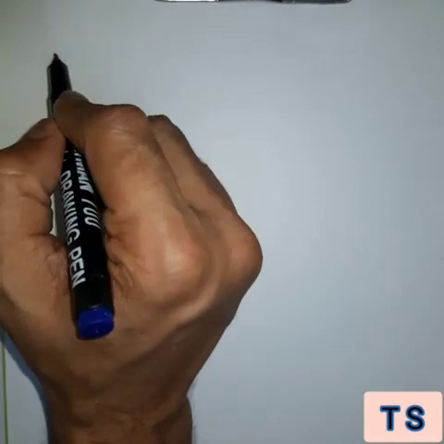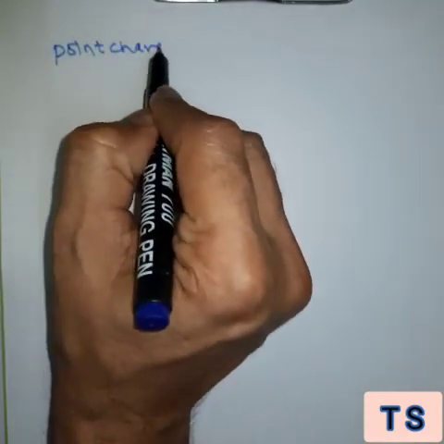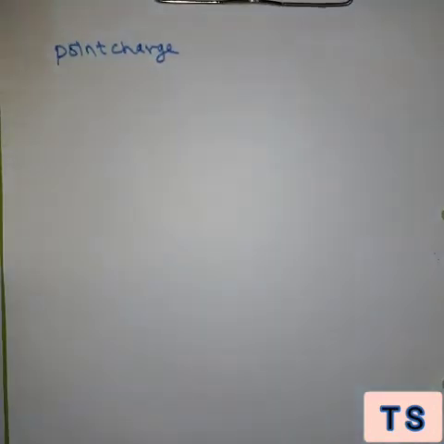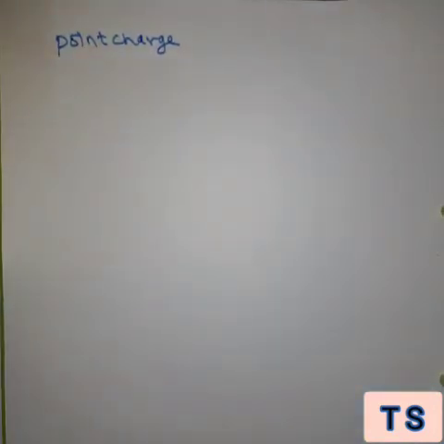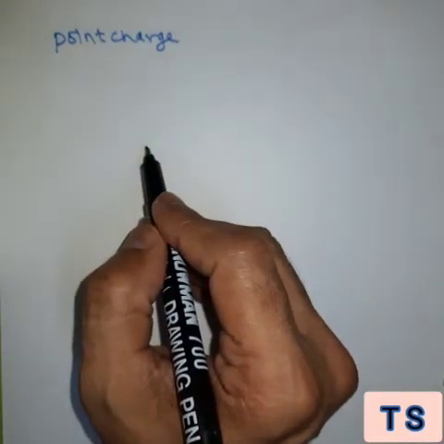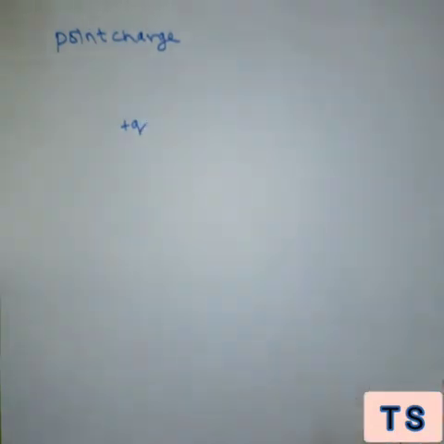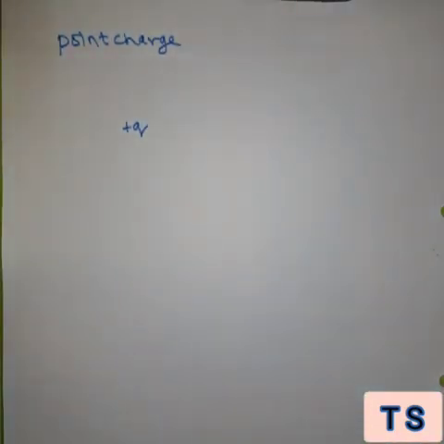So how do we derive the electric field intensity due to a point charge? What we have to consider here is, let's say there is a point charge, and we enclose this point charge with a Gaussian surface.